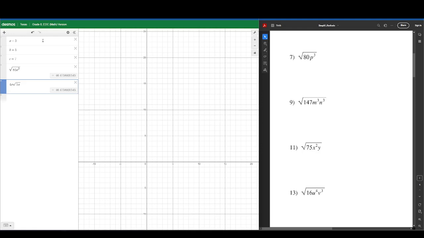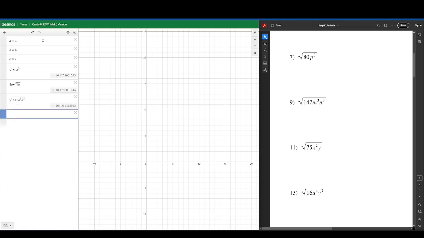So we could use this kind of substitution trick in a lot of different sections of Algebra 1. But it's quite helpful here when we have a variable and a number part and we want to substitute something to see if it's the same. Looking at the second one, I could put square root of 147a cubed, so I'm going to use m as a, and then b cubed, I'm going to use b as n.